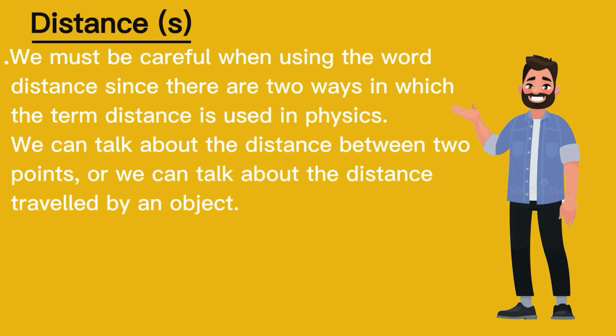We must be careful when using the word distance, since there are two ways in which the term distance is used in physics. We can talk about the distance between 2 points, or we can talk about the distance traveled by an object.